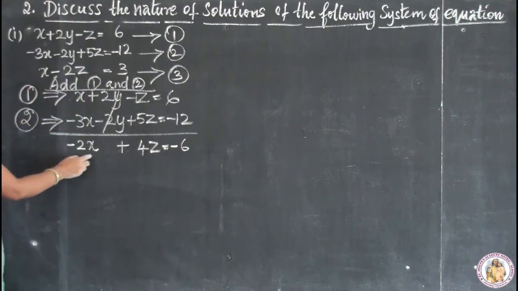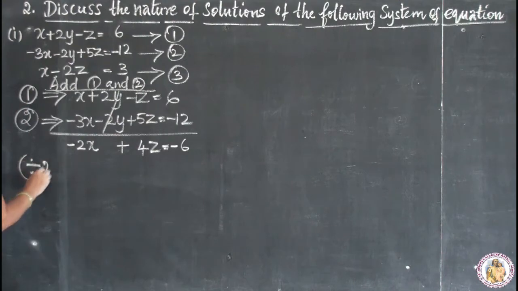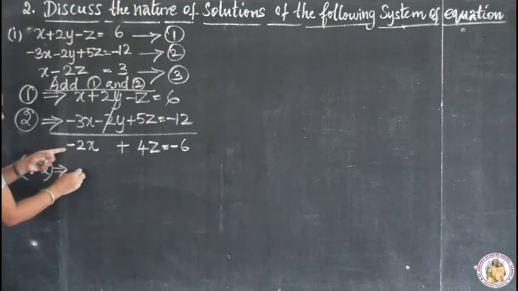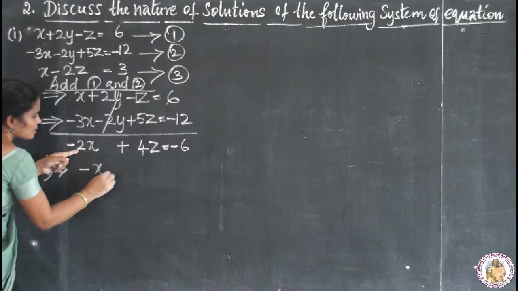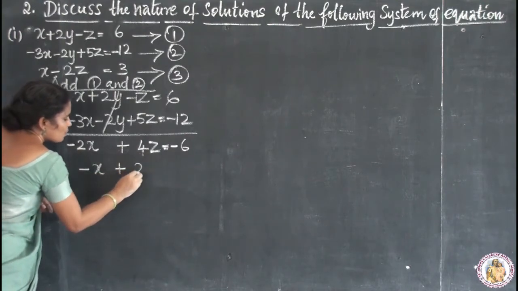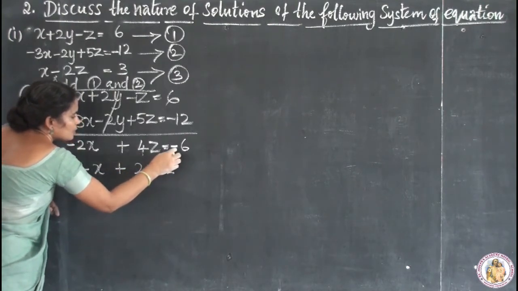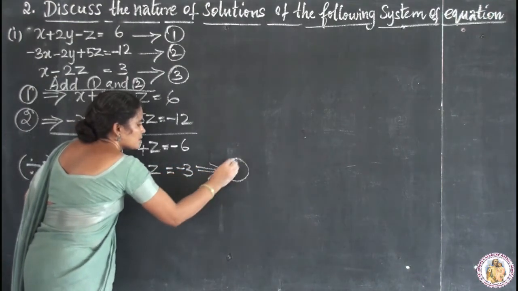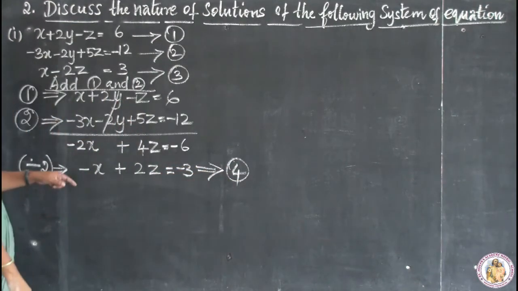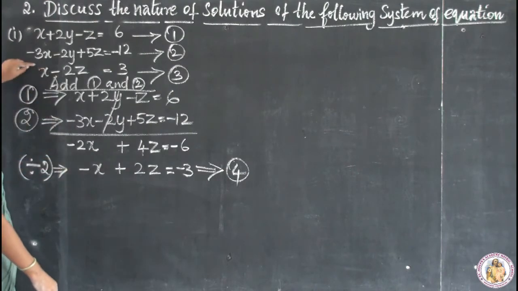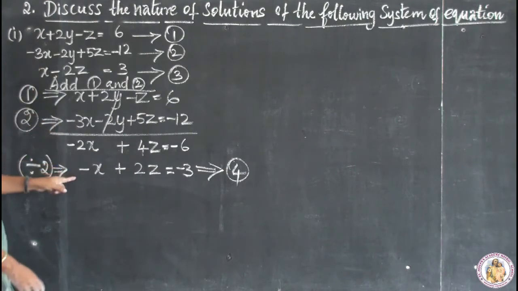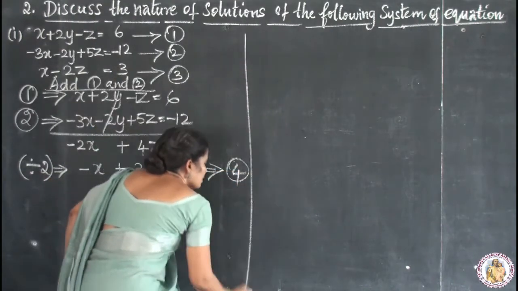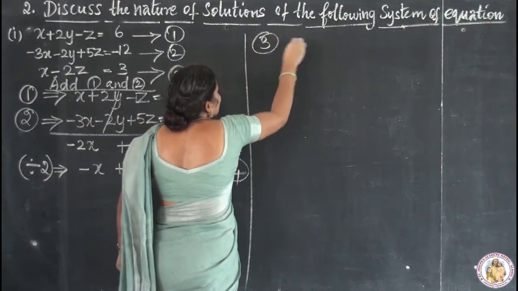Okay. All comes under two tables. So divide by 2 to simplify the equation. So minus x plus 2 twos are 4, 2z is equal to minus 2 threes are 6. Taking this as the fourth equation. Okay. And now we will go with the third and fourth equation.